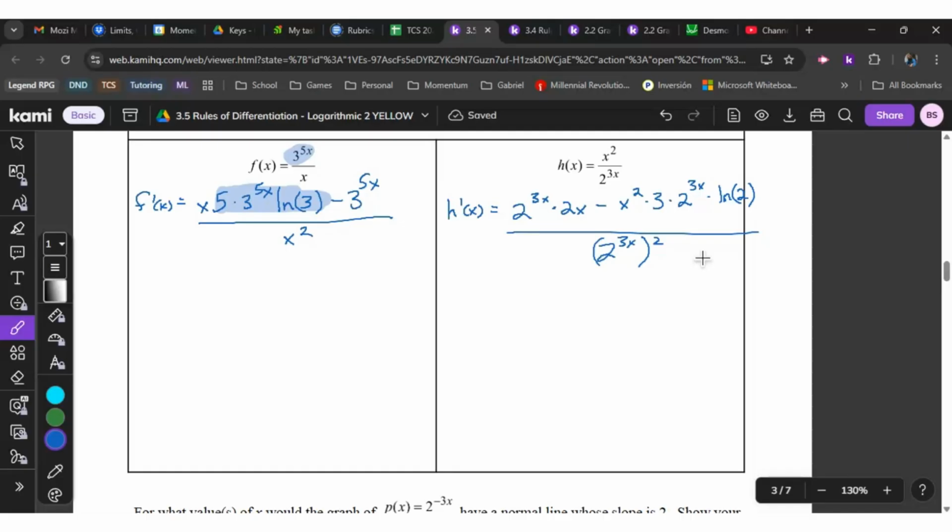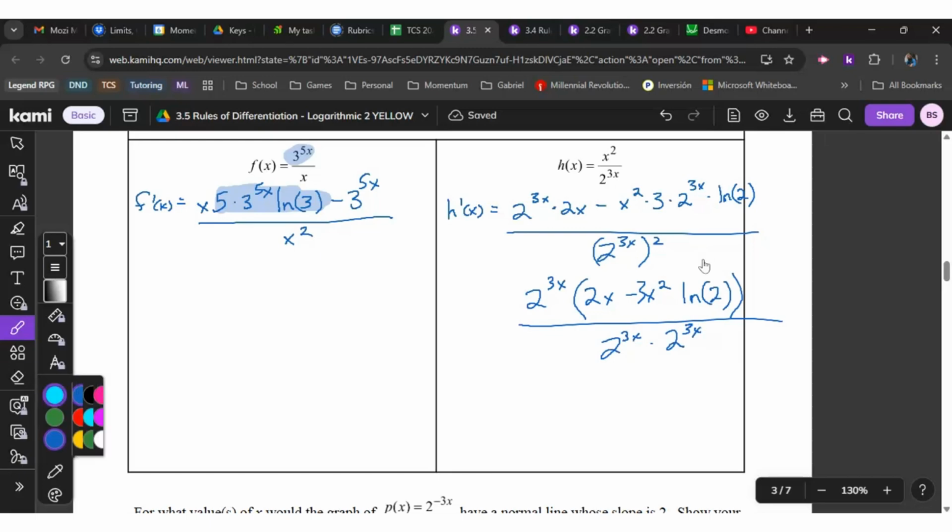So, I will not normally do this, but for the sake of us all understanding, for now, we will pull it out as a common factor. So, 2x minus 3x squared ln of 2, all over 2 to the 3x squared. Squared just means times 2 to the 3x again, right? I'm writing it this way very much on purpose so that we can see that that cancels.